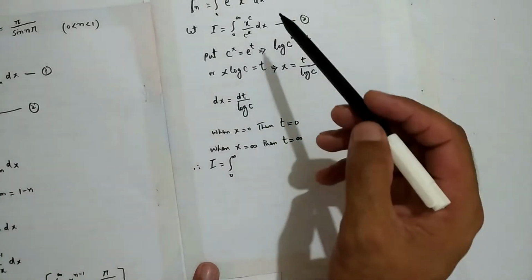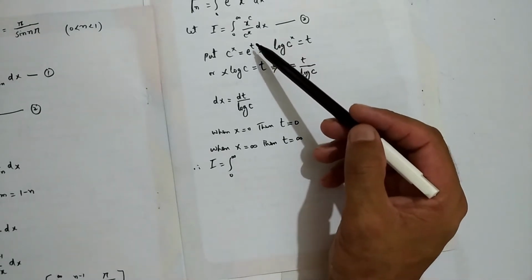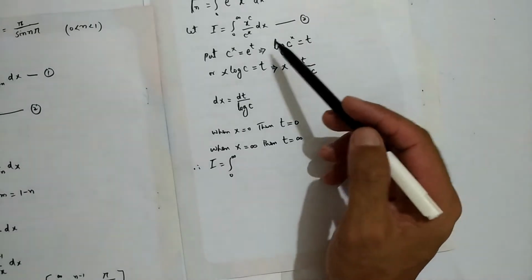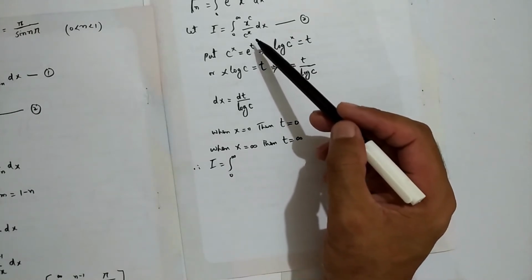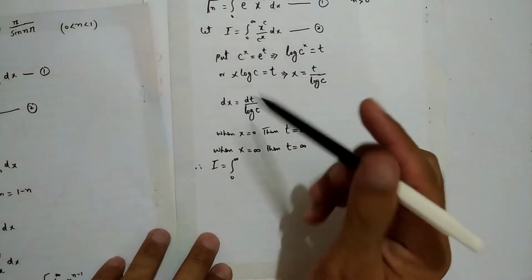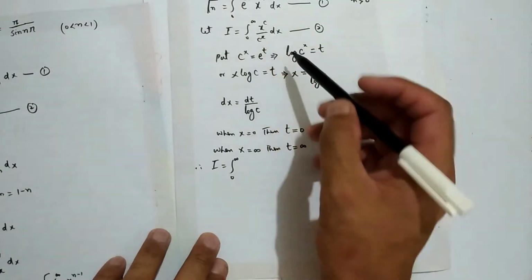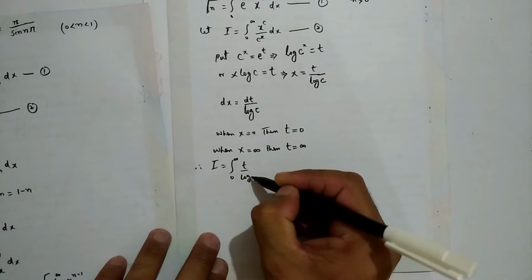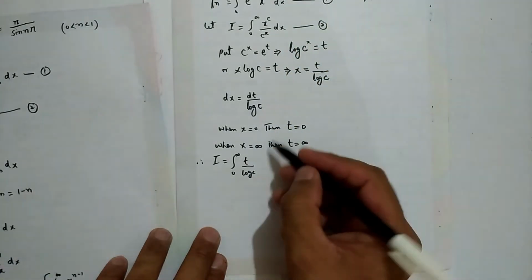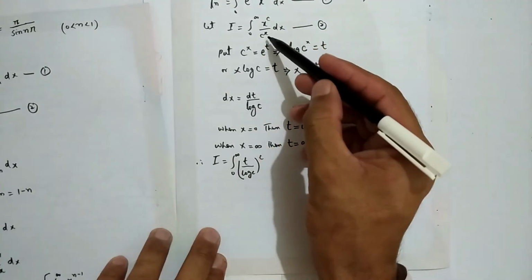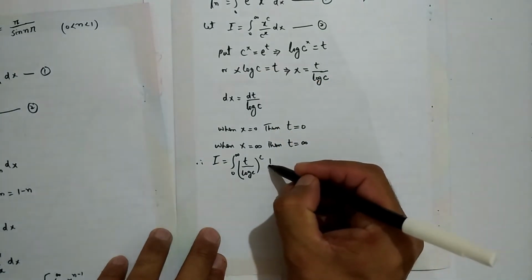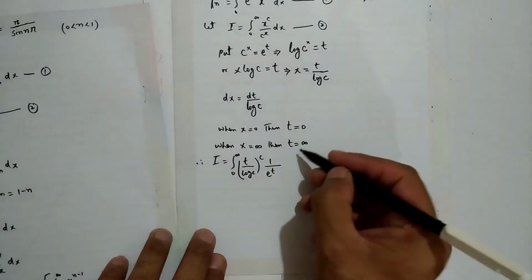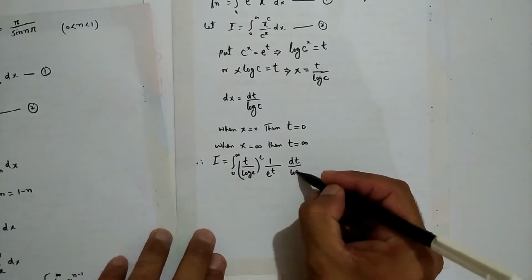Here we have x to the power c, so for x we will write t upon log of c, whole to the power c, and 1 over c to the power x is 1 upon e to the power t, and dx is dt divided by log of c.